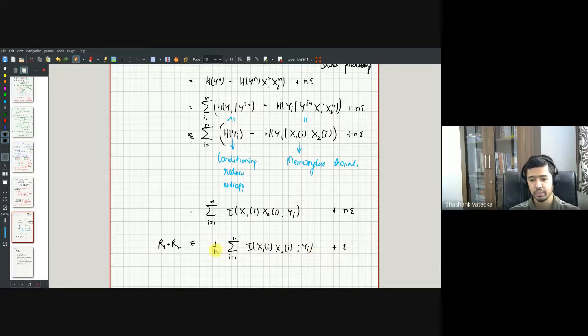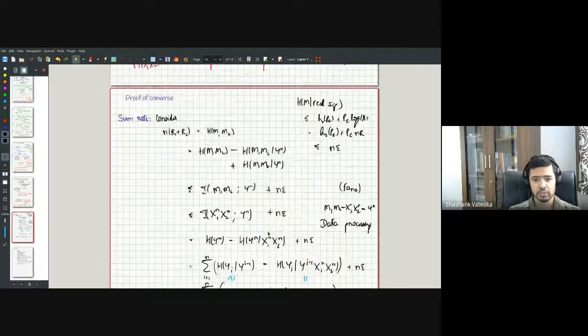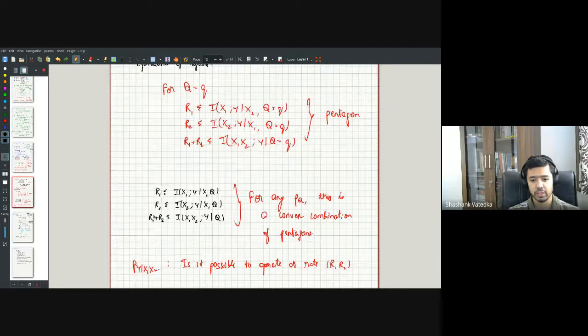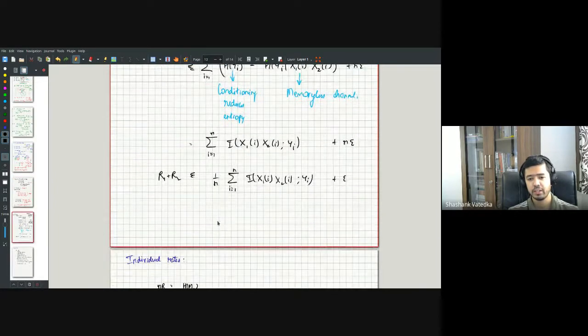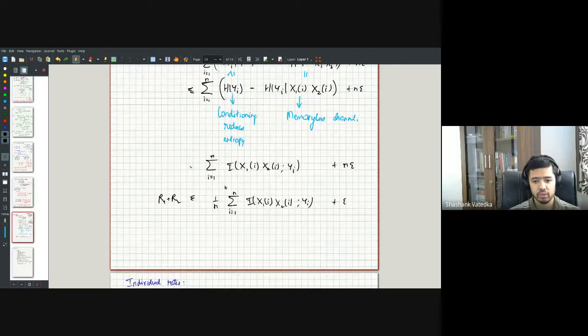So we have this particular form, but what we actually want is something in this form: the mutual information between X1, X2, and Y given Q. The way to get this is the following. For each i, we have a particular P of X1, X2, Y. So we have one for each particular i.